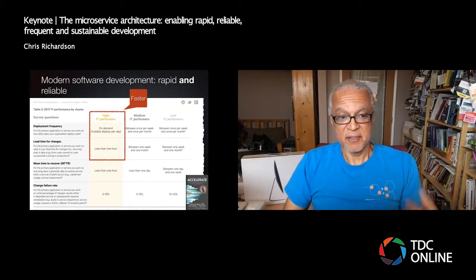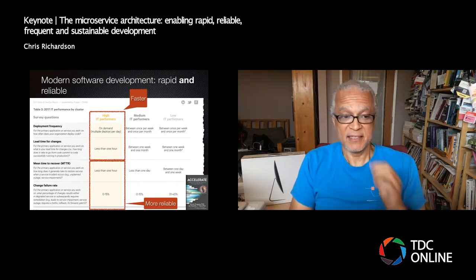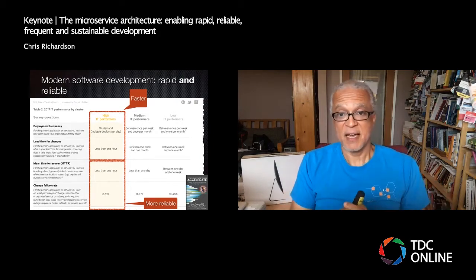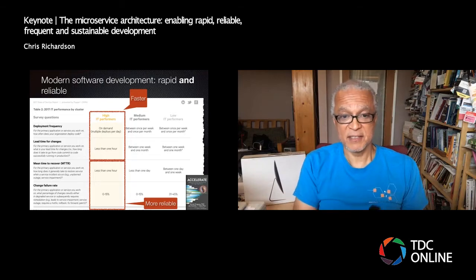But it turns out that goes hand in hand with delivering software reliably. These high-performing organizations actually have fewer problems. Their whole software delivery machine is actually much more reliable. And the 2 really work hand in hand, which might seem counterintuitive. So something to think about, compared with how your organization is delivering software today.